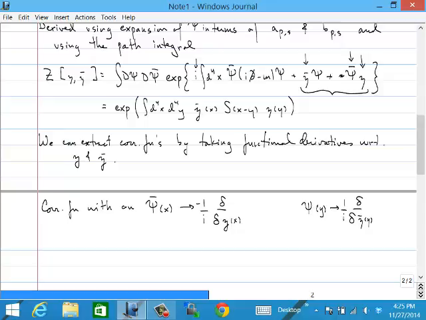And if you just go ahead and plug that in, you just need to expand this to 4th order, and be a little careful with how you reorder things. And basically what you'll get is exactly what you would expect from Wick's theorem.